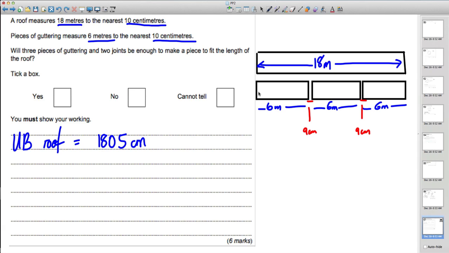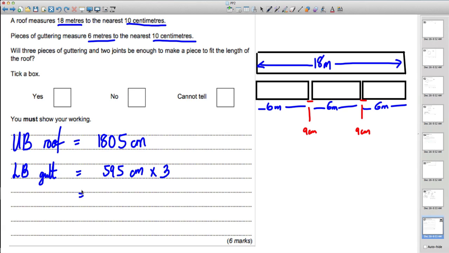Now imagine we know that the pieces of guttering are 6 meters to the nearest 10. What if these were the smallest ones that you found in the shop? So what if you pick the lower bound of the guttering? Now that would be 6 meters take away 5 centimeters, which would be 595 centimeters, and there's 3 of them, okay?